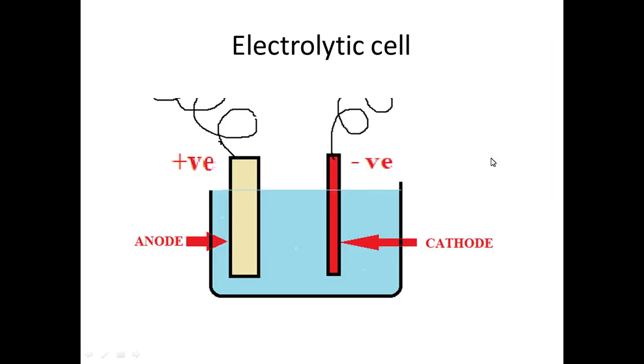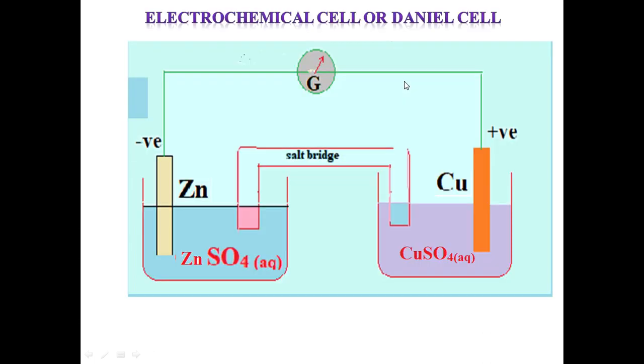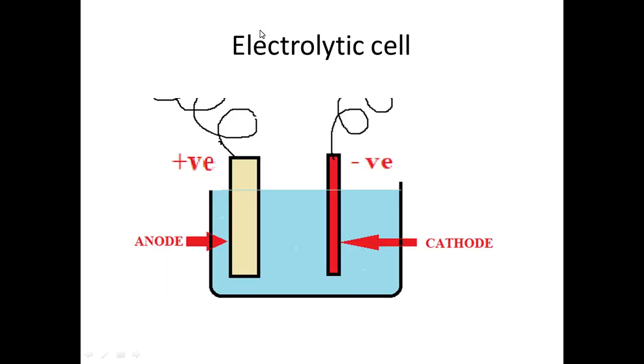Fourth difference is that the polarity of the anode is positive and the cathode is negative in an electrolytic cell, while the polarity is reversed in an electrochemical cell. Fifth difference is that there is no salt bridge to connect two half cells.